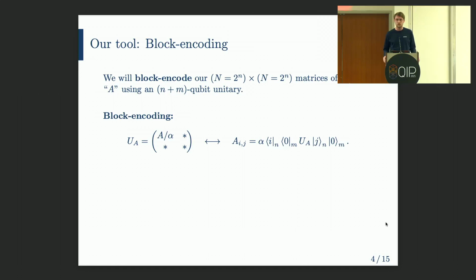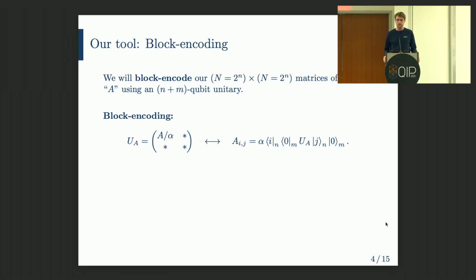So our tool to determine our quantities of interest, our observables for these free fermion systems, will be block encoding. And we will block encode the matrices that I had on the previous slide. Let me simply call it A. These are n by n matrices, and we'll block encode it using log capital N qubits into an n plus m qubit unitary. And these block encodings will look as follows.